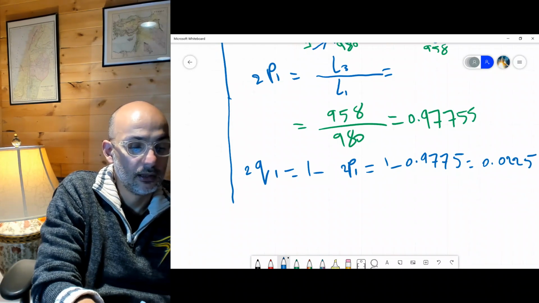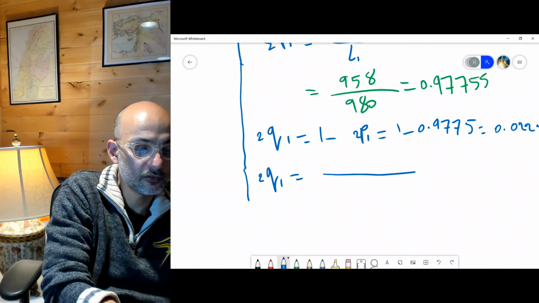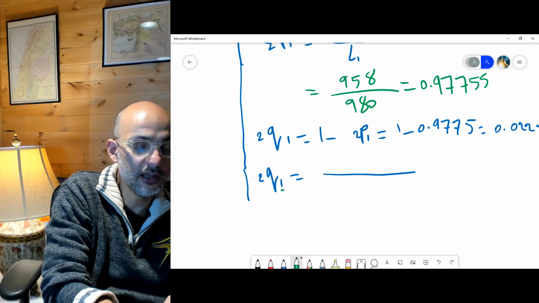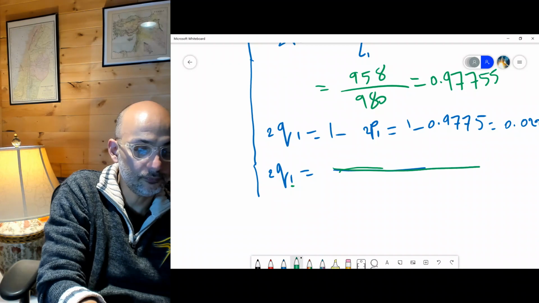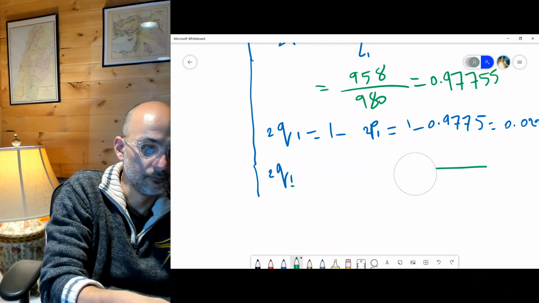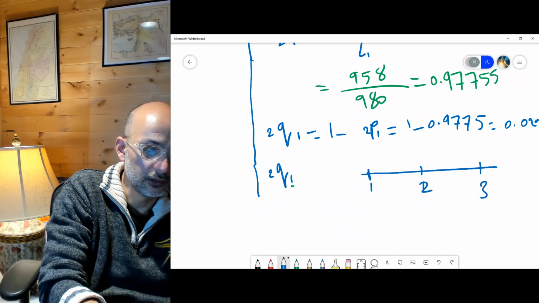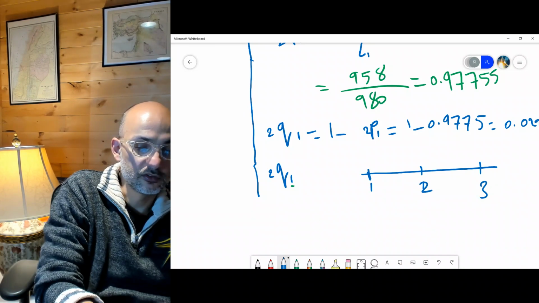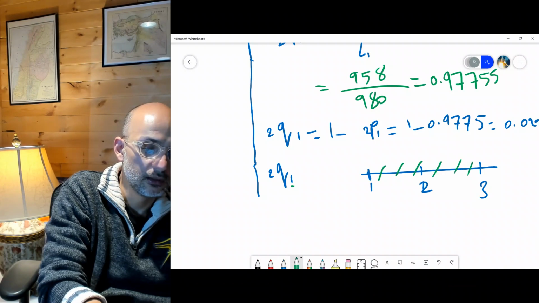But just to try different ways for 2q1, whatever is here is the age you're evaluating at. Let's visualize it first. We start from age 1 and go to 3. So it's not survival, this is death occurring between those ages, and the year of evaluation is where we start.